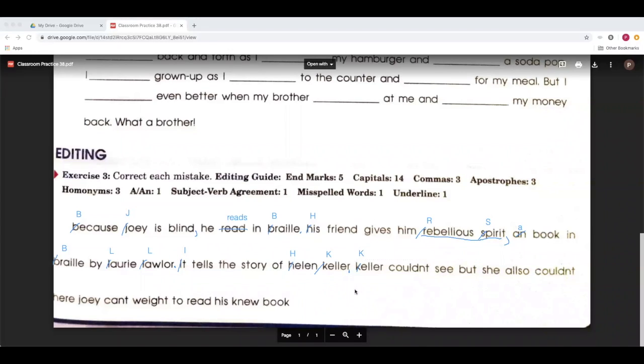Couldn't see, couldn't of course needs an apostrophe. Keller couldn't see, comma, but she also couldn't hear. We have two independent clauses here and we join them with a comma and a conjunction. But she also is spelled wrong.